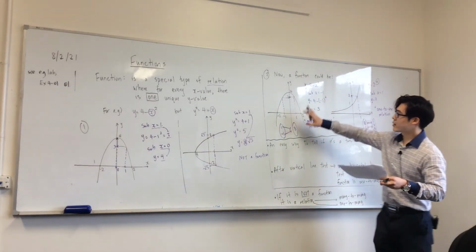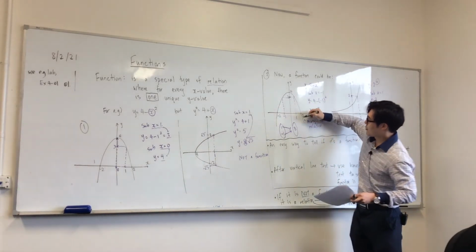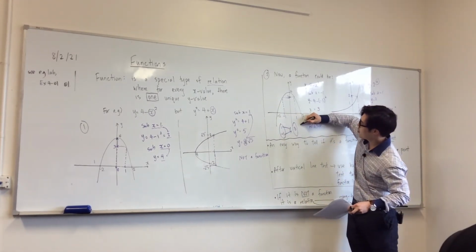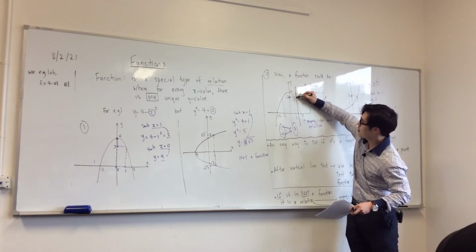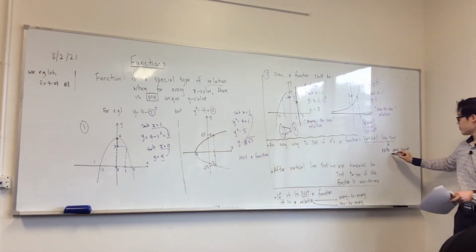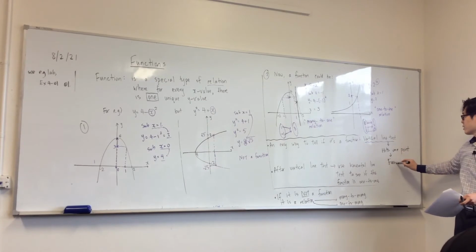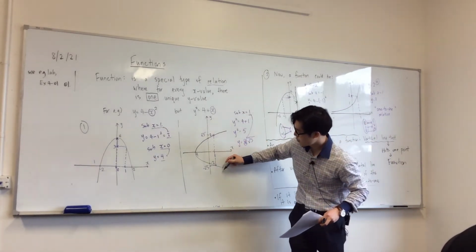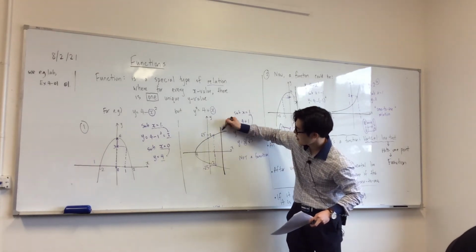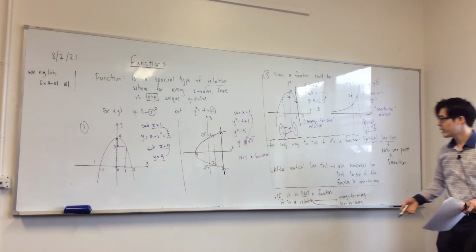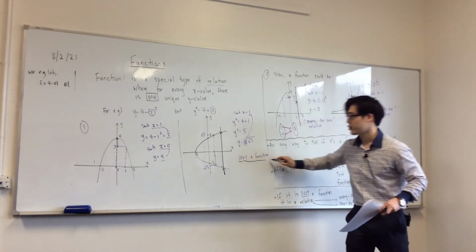Girls, from this graph, a vertical line test is basically you drawing any random vertical line on any part of the graph, and if it only hits once, it is a function. Whereas here, if I drew a random vertical line on the graph, how many times does it hit? Twice. So if it hits more than once, it is not a function like I've shown you.